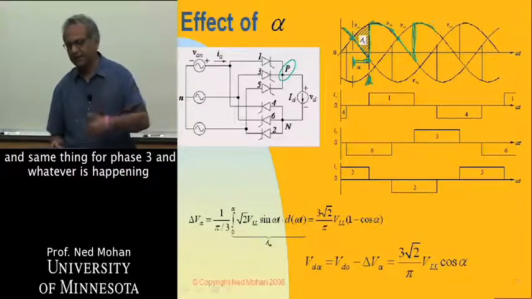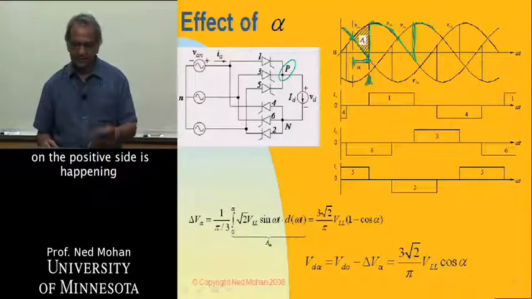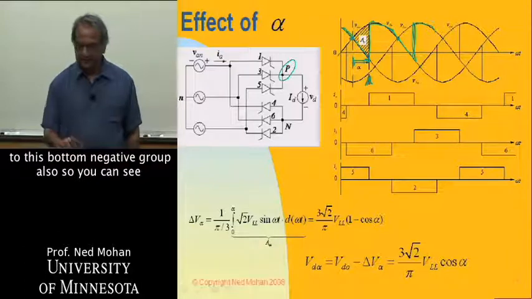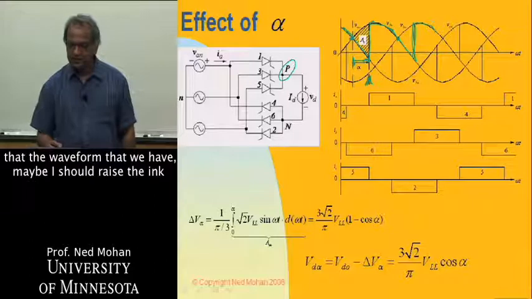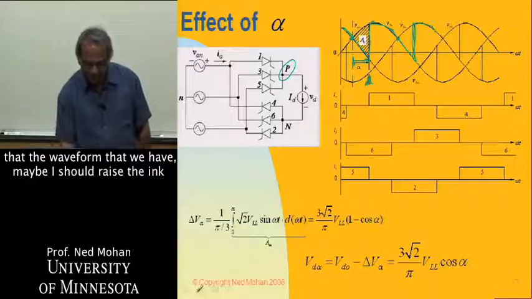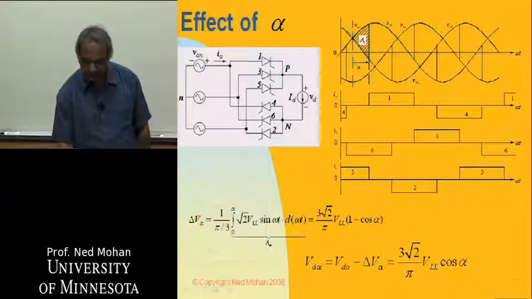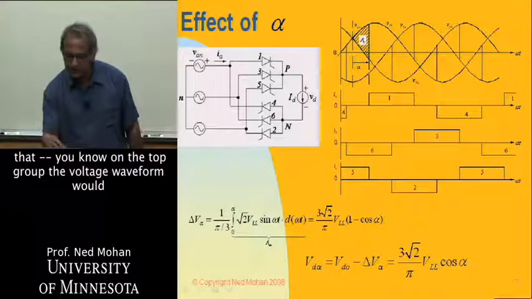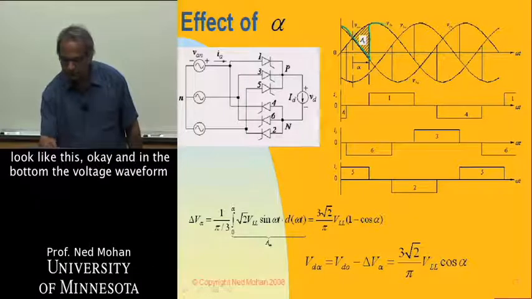And same thing for phase C. And whatever is happening on the positive side is happening to this bottom negative group also. So you can see that the waveform that we have, maybe I should erase the ink, on the top group, the voltage waveform would look like this. Okay. All right.